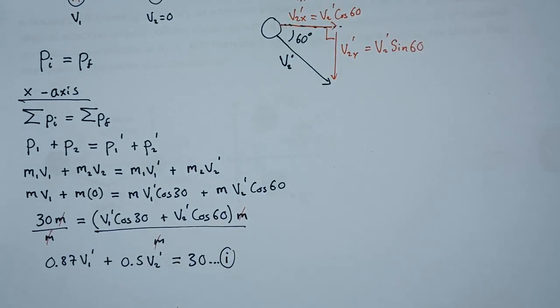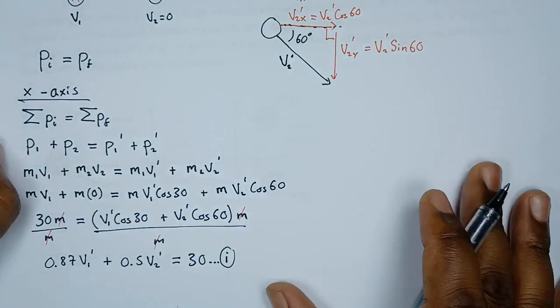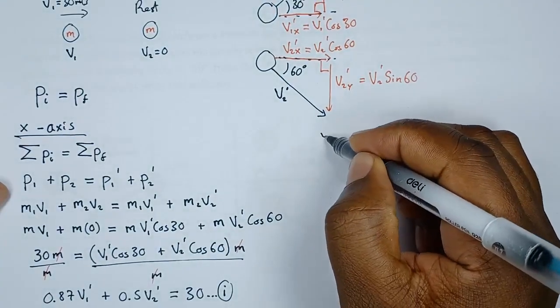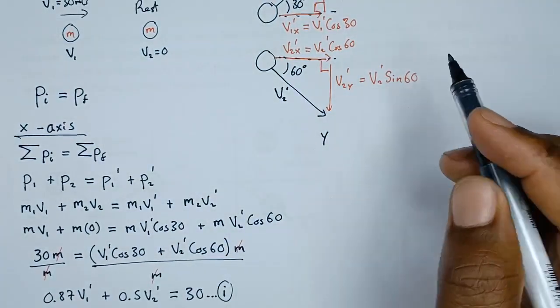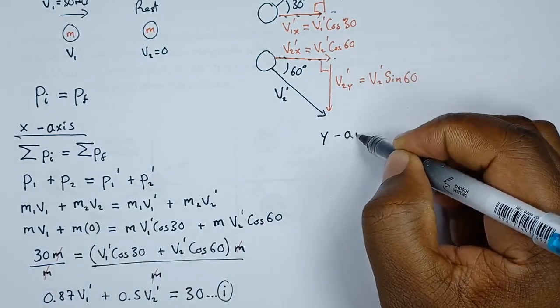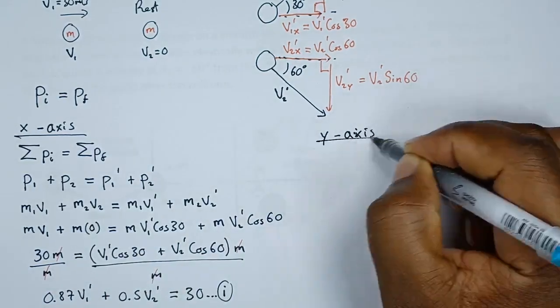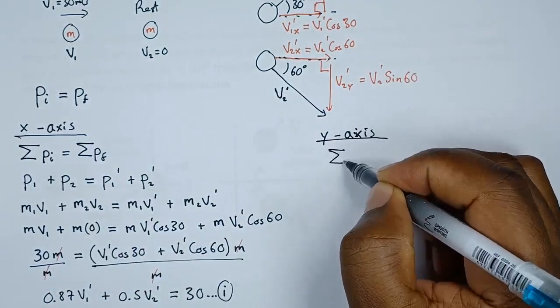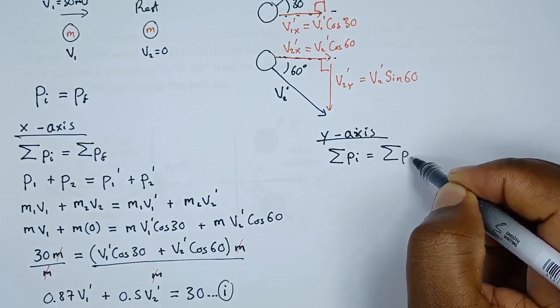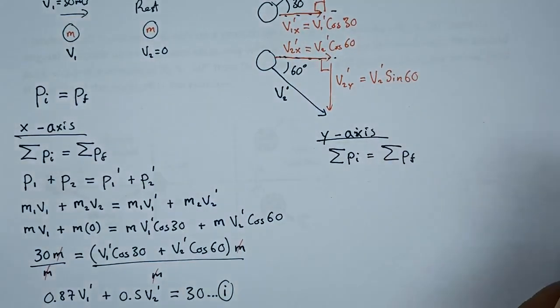So we'll come back to it. Now remember, this was the summation of quantities in the x-axis. Let's sum the quantities that we have in the y-axis. So in the y-axis, we're going to say the initial momentum is equal to the final momentum, because momentum is conserved.